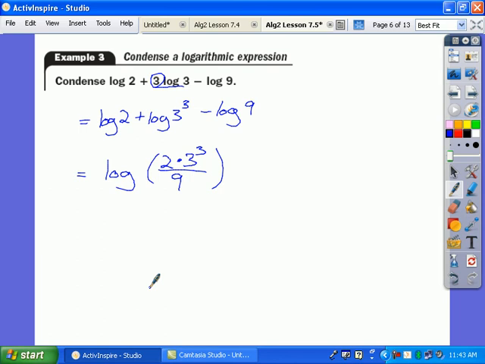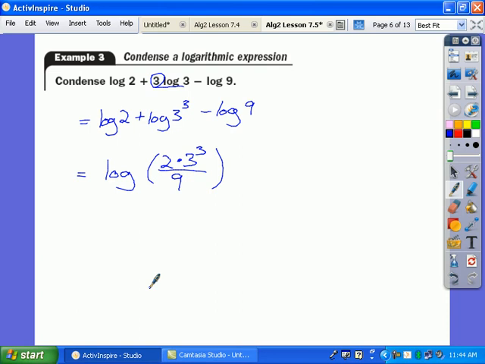And now let's see if we can simplify 2 times 3 cubed divided by 9. So 3 cubed is 27. 27 times 2 is 54. Divided by 9 is 6. So this should be log of 6.